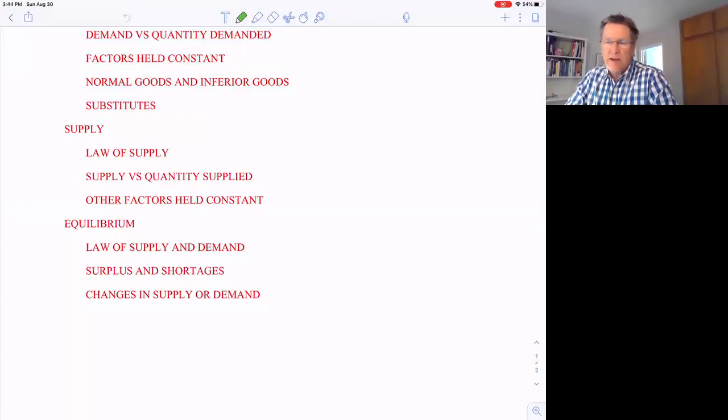If we're not at equilibrium, there's a surplus or a shortage, but once we get to equilibrium, there's no longer a surplus or shortage. And of course, these supply curves and demand curves are changing for various reasons because of those factors that are held constant. And whenever any of those factors that are held constant change, that will shift the supply curve or demand curve, and we'll end up at a new equilibrium.